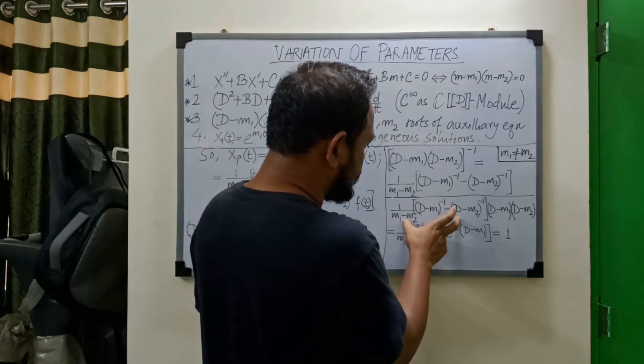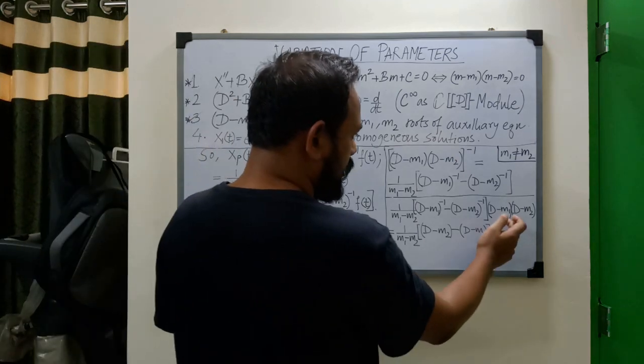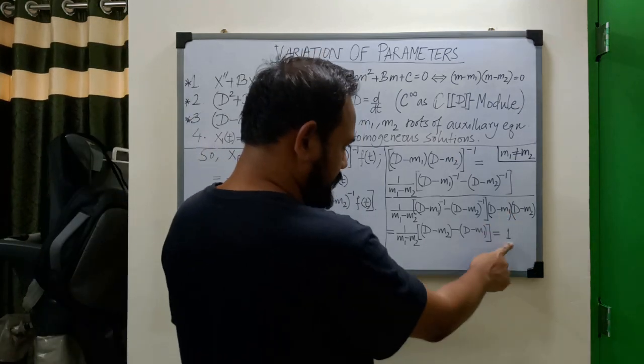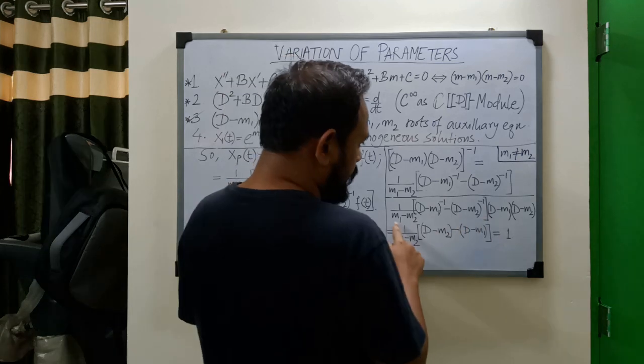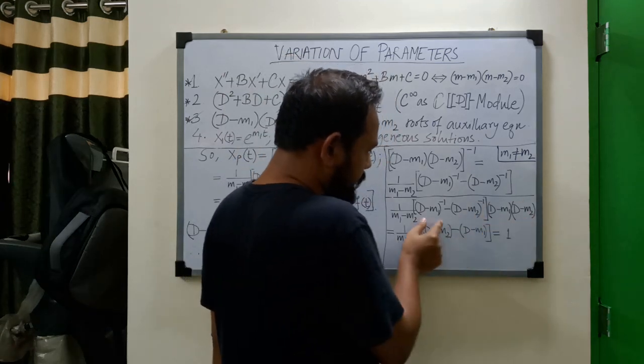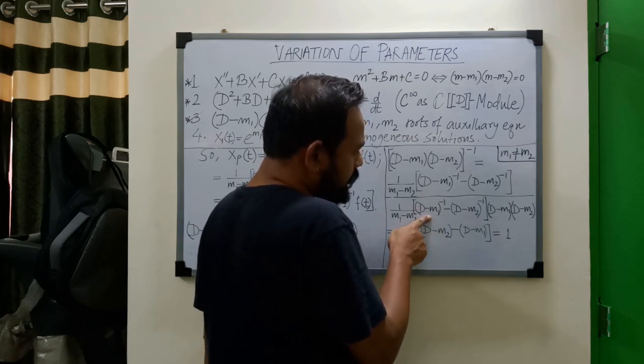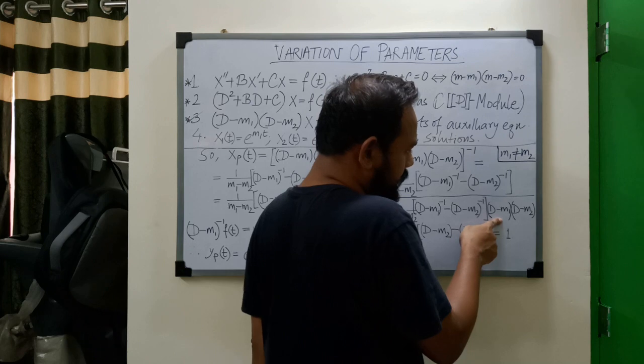We are multiplying this element with this element and we're supposed to get 1, which we get here. Let's see how. By the laws of distribution in a ring, this multiplies this, and this one multiplies this one.